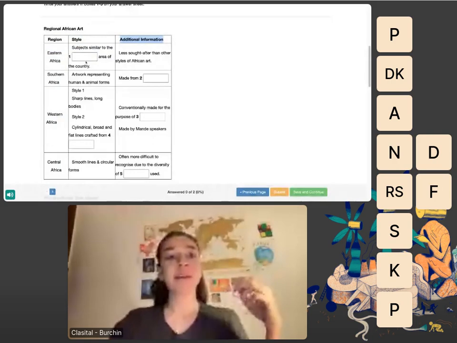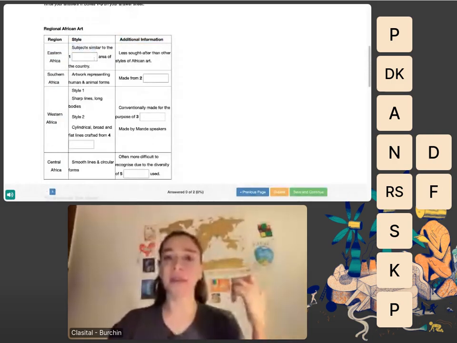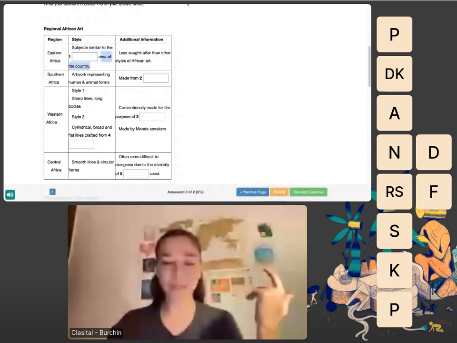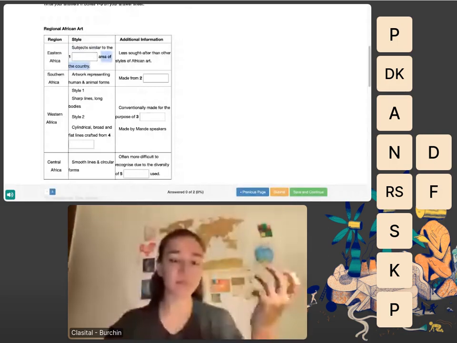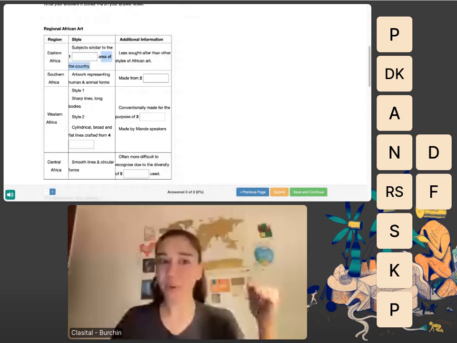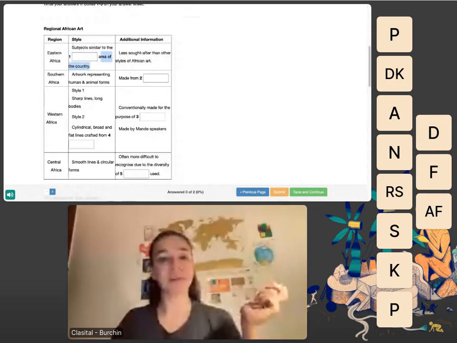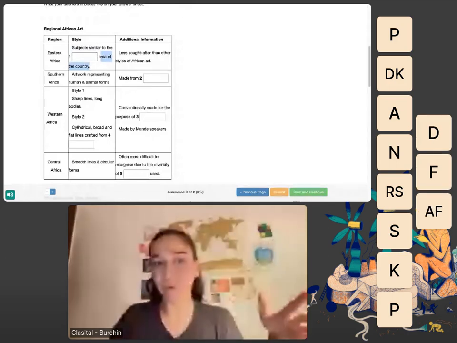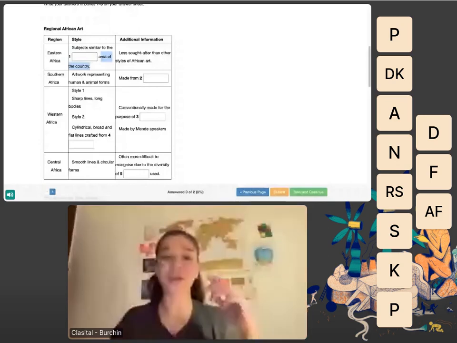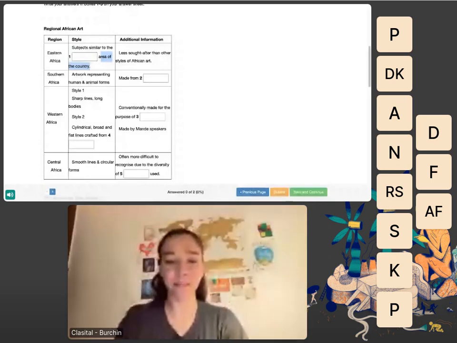In the first one, it says subject similar to the blah blah area of the country. So it should be something like subject similar to the north area of the country, or the poor area of the country. So it should be a name.